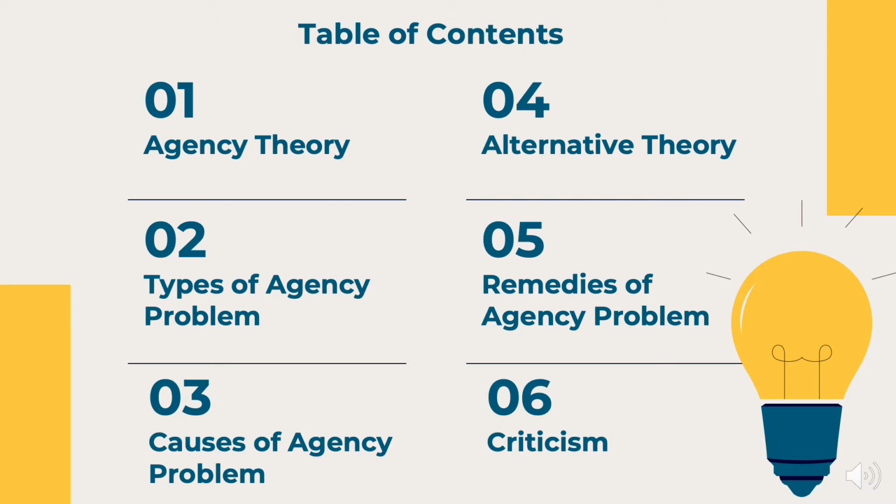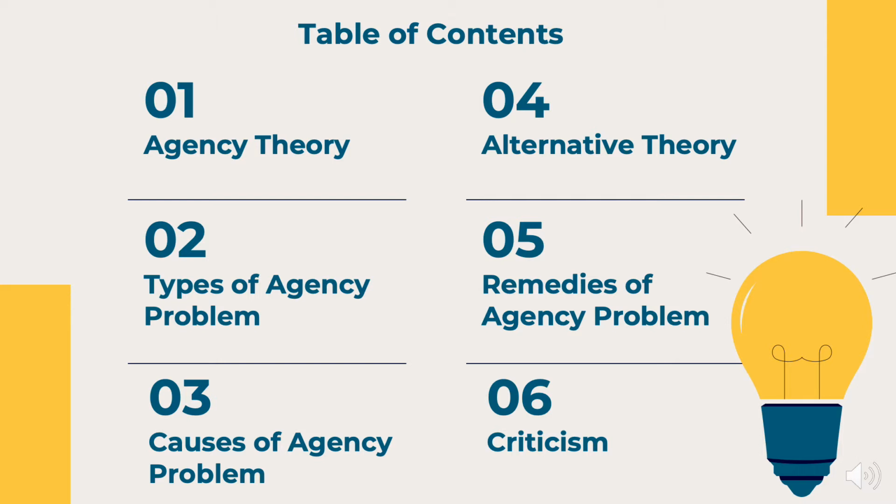This presentation will be divided into 6 main parts. First of all, I'm going to explain brief information about the agency theory as it was discussed in the lecture. Then I will talk about the 3 types of agency problem that may arise in a company.